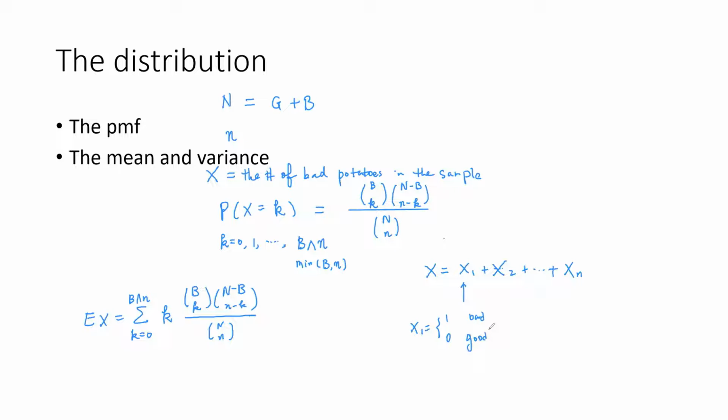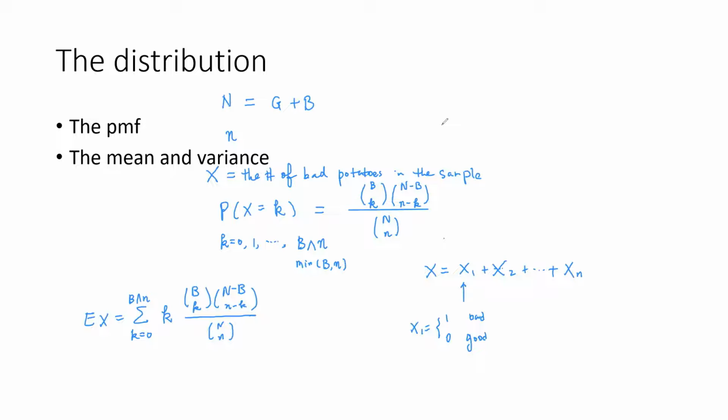So it is a Bernoulli. I define X2 up to Xn similarly. So each one is a Bernoulli random variable. We can show that these random variables have the same distribution, so they're identically distributed.